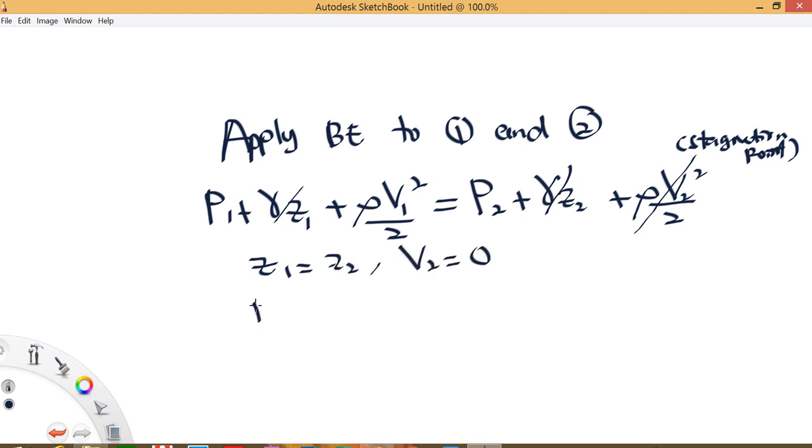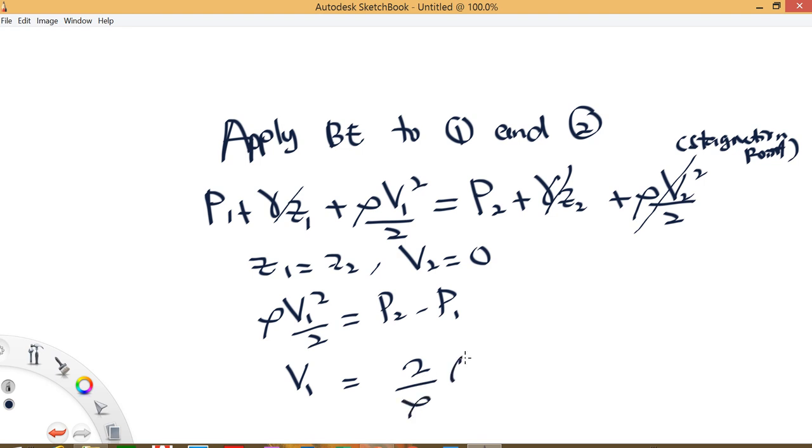Therefore, if you want to find the velocity, rho V1 square over 2 equals P2 minus P1. P2 should be the maximum pressure. So if you want to find V1, it is the square root of 2 over rho times P2 minus P1.